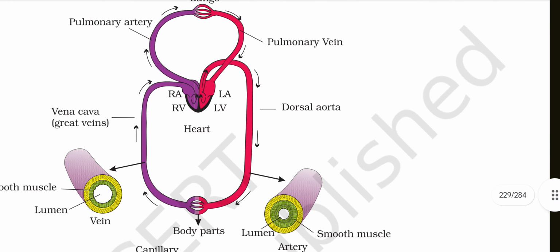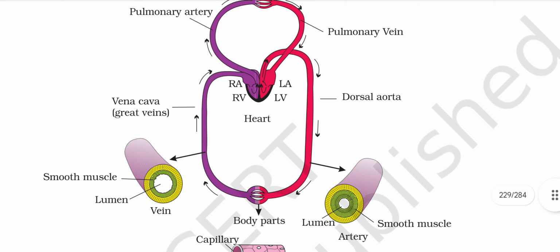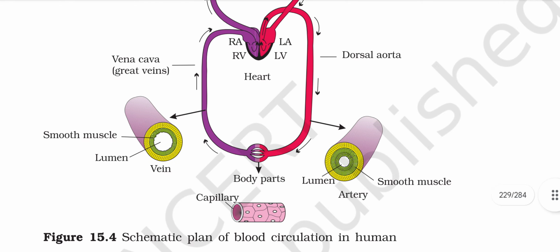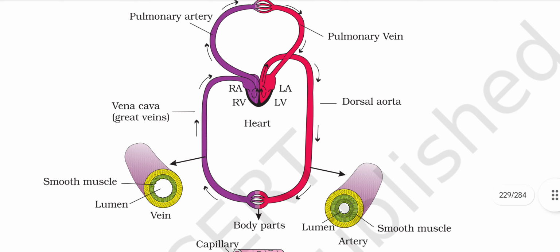Pulmonary system, here is the diagram of everything, the flow of blood, dorsal aorta, vena cava, and everything. Diagrams are also very important, because NCERT or diagram-based questions come in the NEET examination. So we have to keep in mind even the regions where it is named or pointed, where the arrows are pointed and named.